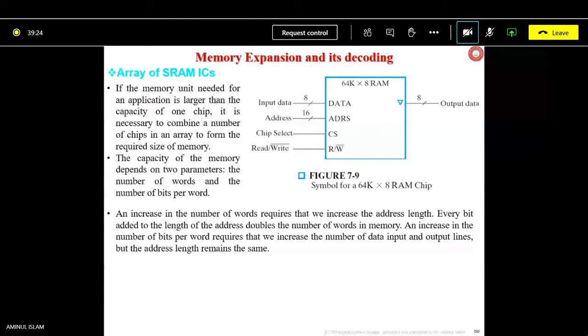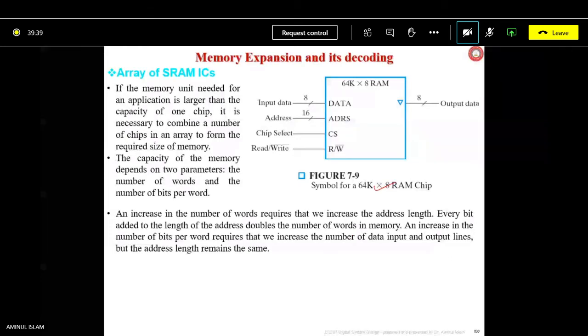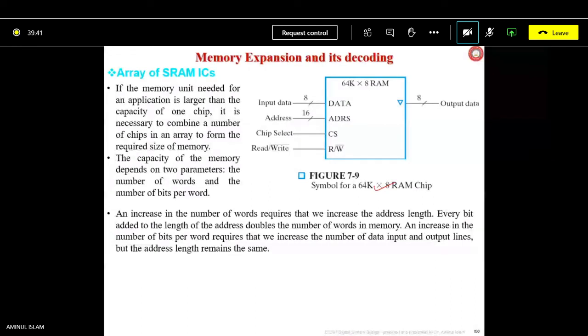Here you see that this chip is a 64K by 8 RAM. What is the meaning of 8? What is the meaning of 64K?